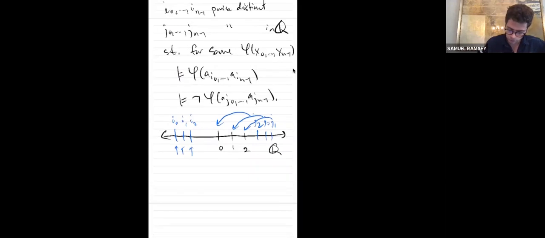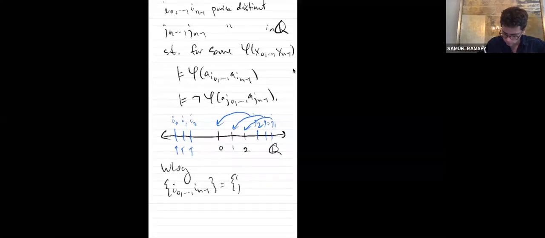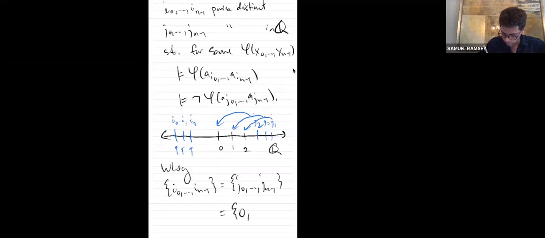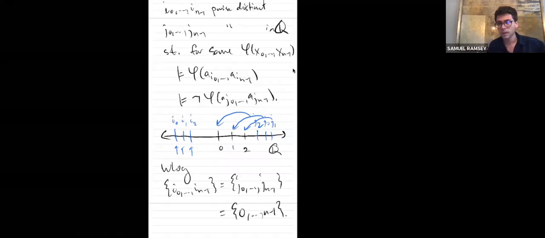So without loss of generality, I can assume that the set i_0 through i_{n-1} is equal to j_0 through j_{n-1}, which is equal to 0 through n-1, like the natural numbers sitting inside the rational numbers.